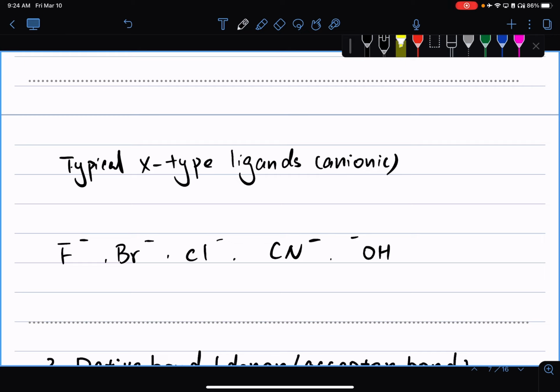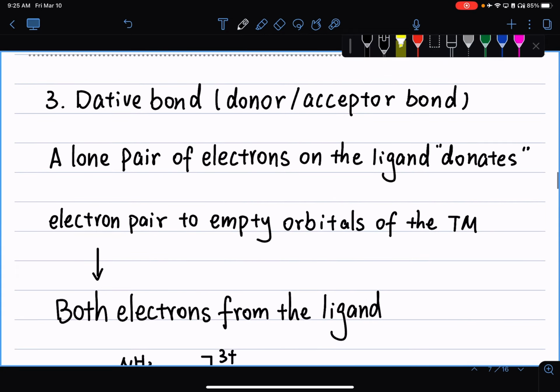Then we move on to another special type of chemical bond in transition metal complexes called dative bonds. The dative bond is a special type of chemical bond that's almost only available in transition metal complexes.